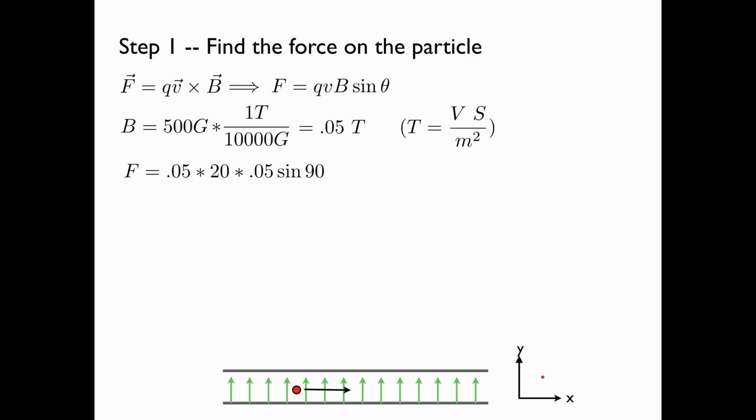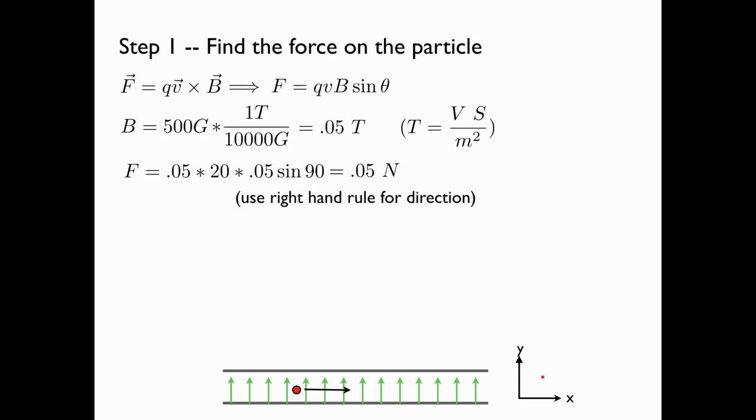Plugging in what we know, a charge of 50 millicoulomb or 0.05 coulomb, 20 meters per second, 0.05 Tesla, and sine of 90 degrees because the magnetic field is perpendicular to the velocity of the particle. This is equal to 0.05 newtons.